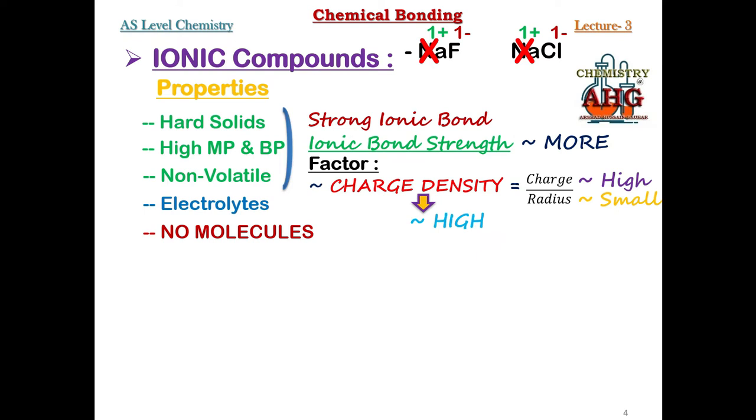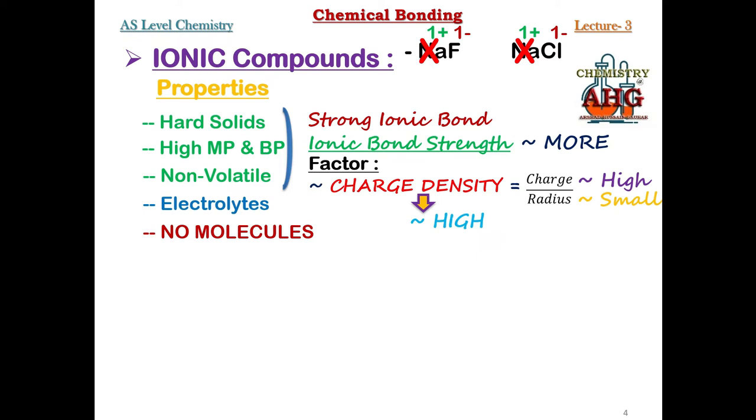Now, if you start with the charge, you can see both fluoride and chloride have the same charge. When they have the same charge, we move on to radius. For the radius of the fluoride and chloride ions, either you can get it from the data booklet, or you can decide from the periodic table.